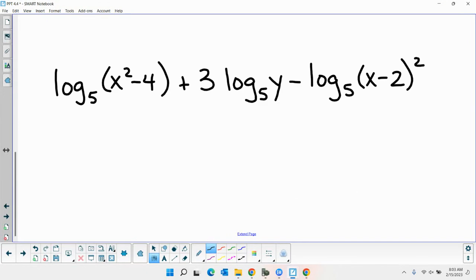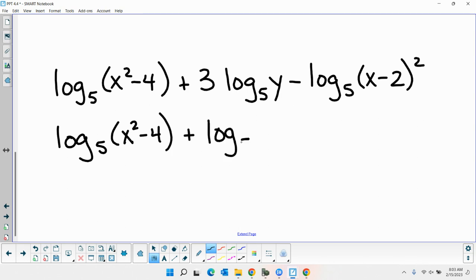So I got 3 this time. All right? So the first thing I'm going to do is move this 3 here and put it as the exponent for the y. So I'm just going to do one step at a time. Some of you can kind of look at this and tell me what the single log is.